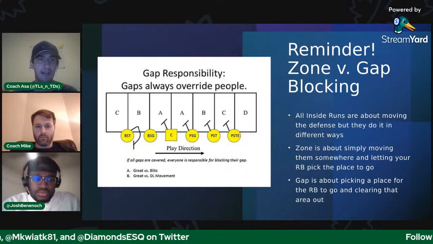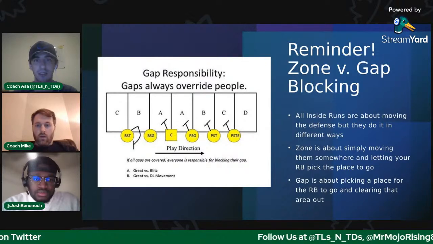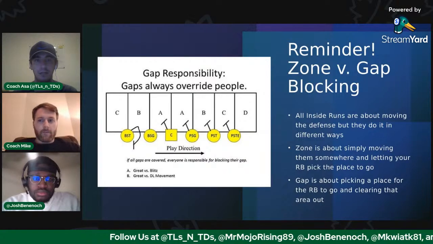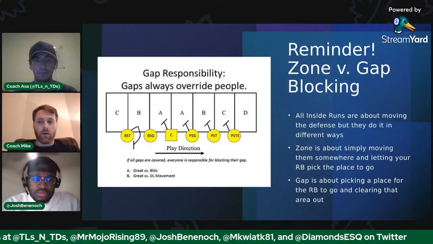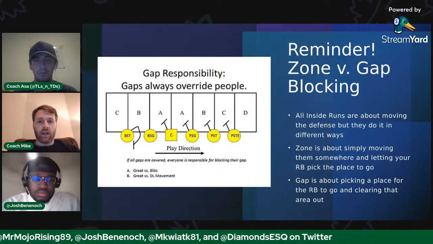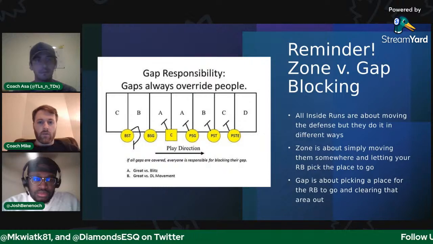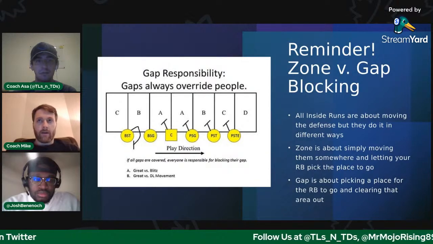Reminder once again, Mike, you wanna break this down real quick? So again, I guess if we're thinking about zone blocking, it's different than your traditional gap blocking. Like if you're running something like power, you have an idea as an offensive lineman of where you want to take your defensive player. You have a certain task. With zone blocking, it's a little bit different.